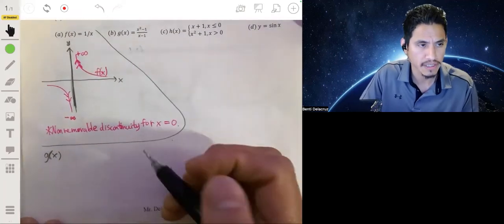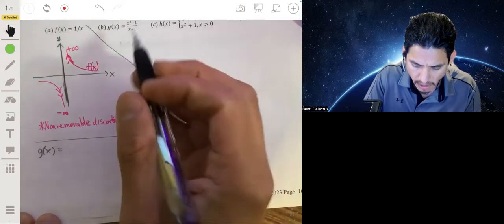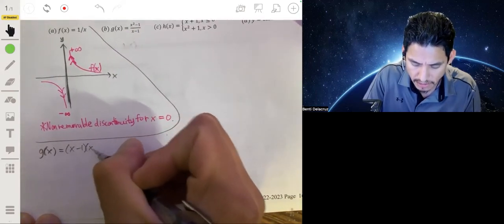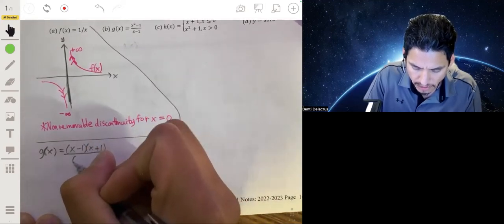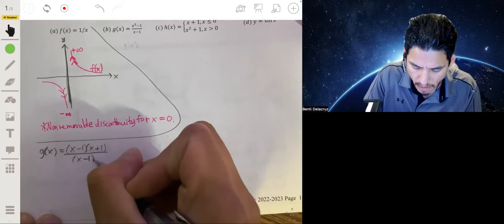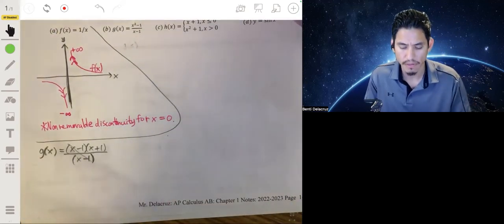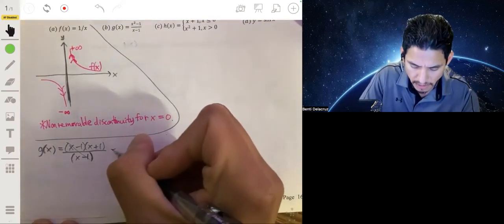So if we have g of x equals x squared minus 1, we can factor that into x minus 1 times x plus 1, over still x minus 1. And so what you can do is cancel those x minus 1 groups, and you'll just get x plus 1.